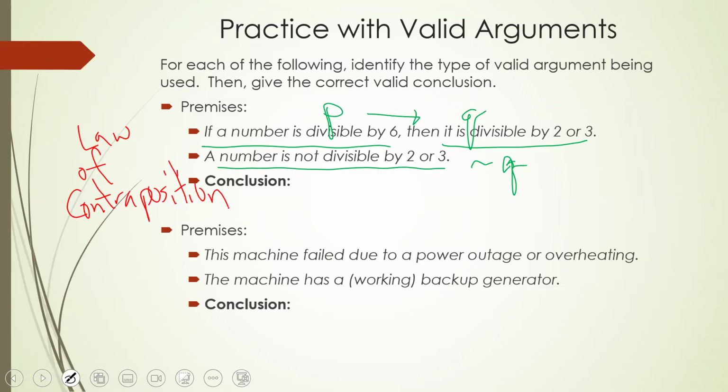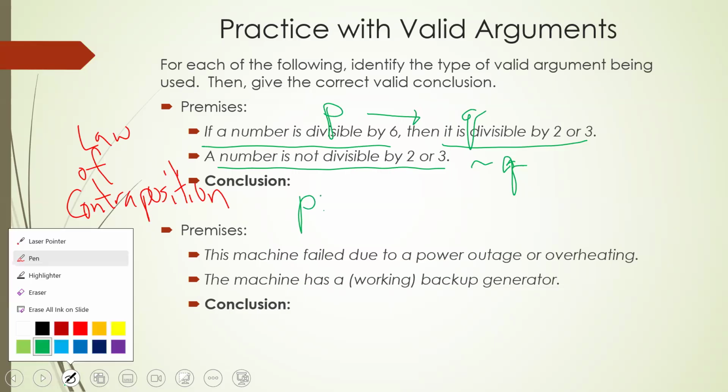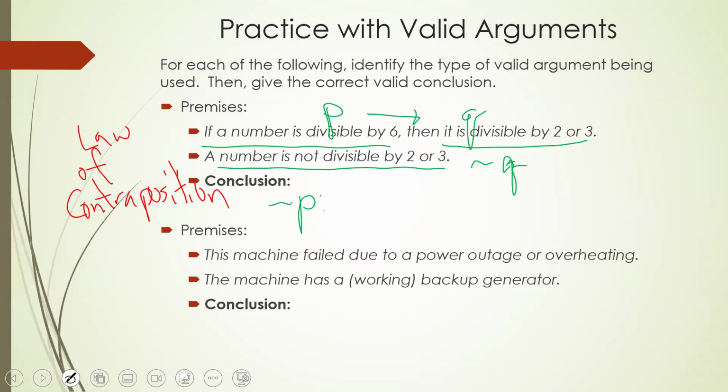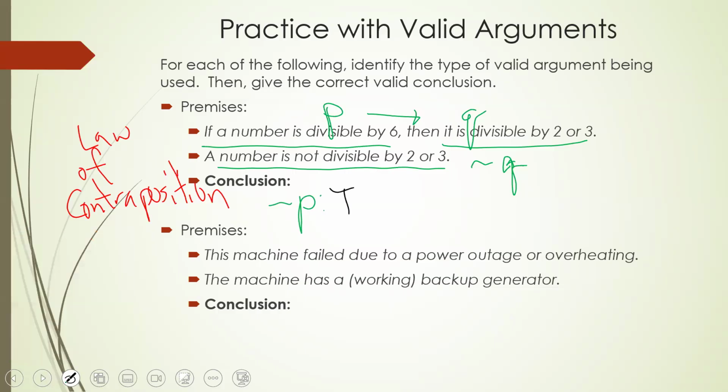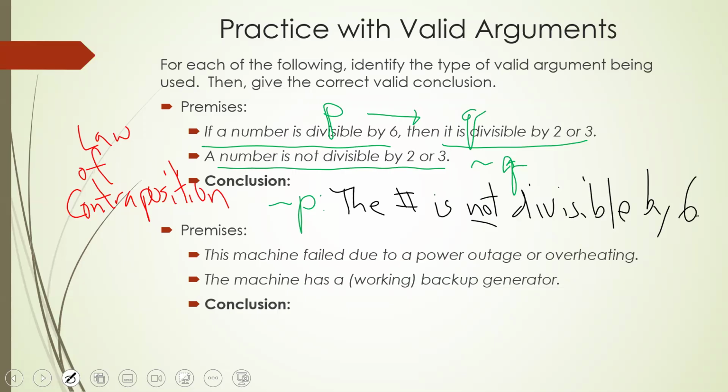And the law of contraposition tells us that, again, if we have P implies Q true, not Q true, then our conclusion must be not P, which in this case would be that the number is not divisible by 6. Okay, so the negation of P there. Let's take a look at the second one.